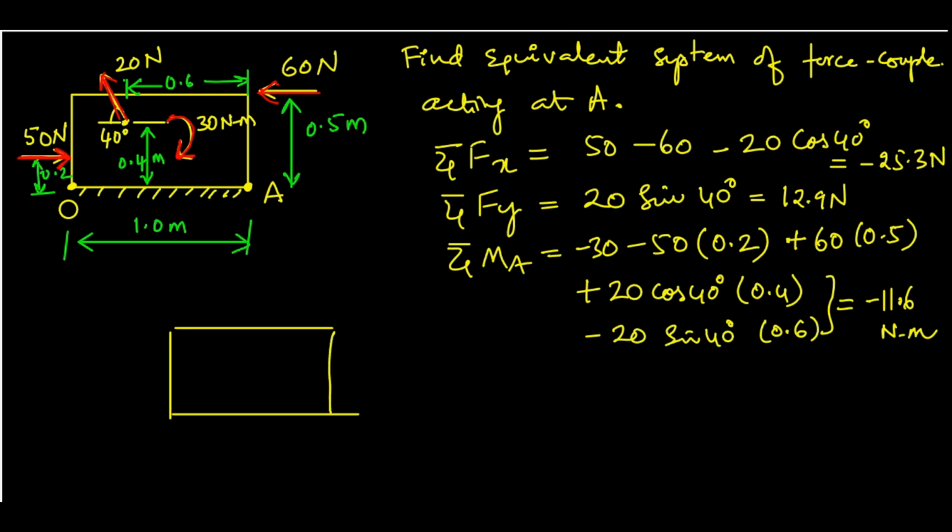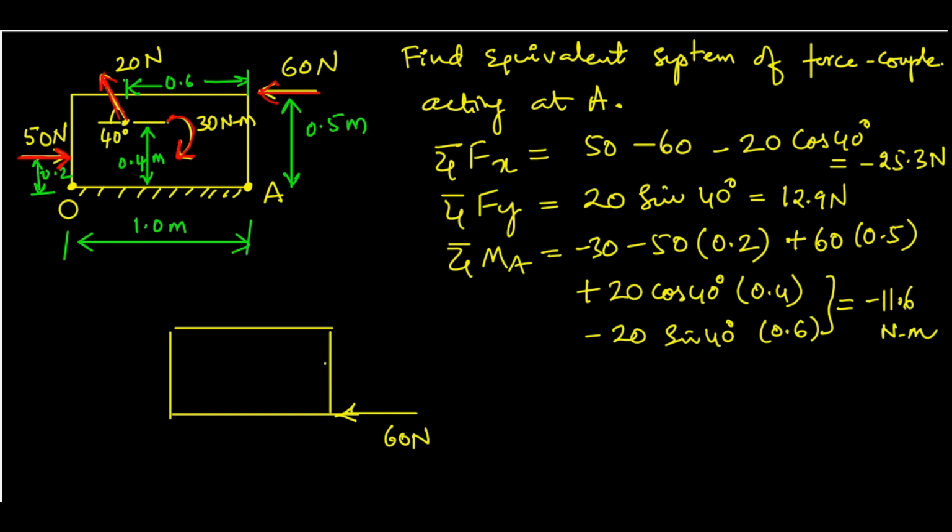So we will do one by one. Let us first move the 60 Newton force. If we move the 60 Newton force here, so you have 60 Newton force here and then the moment due to that force, right?